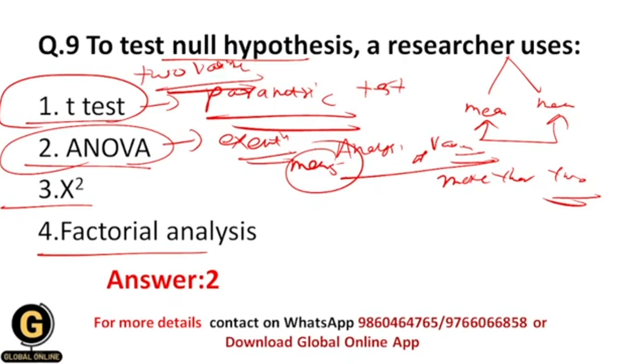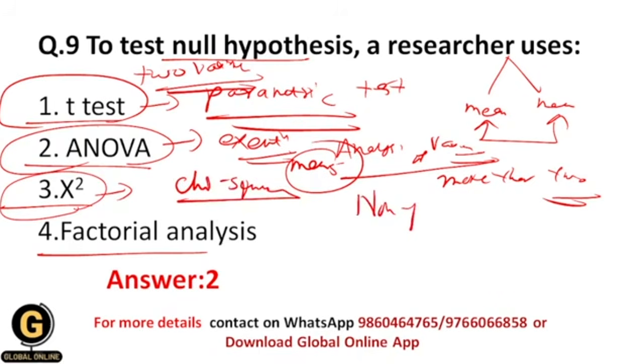Okay, what is x square? X square is the chi-square test, okay, and chi-square test is a non-parametric test, and chi-square test is done to understand the difference between the expected values and the values that we get through our results basically.